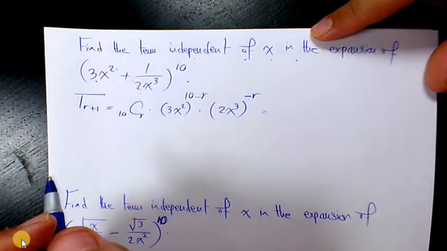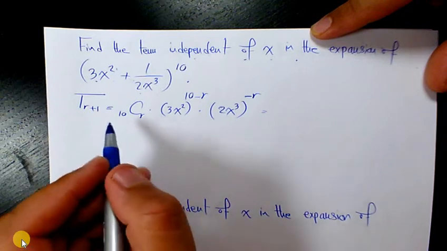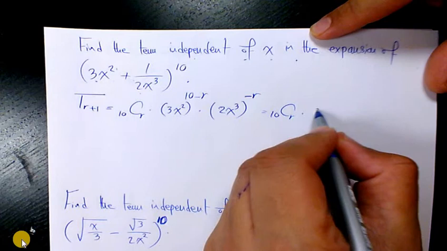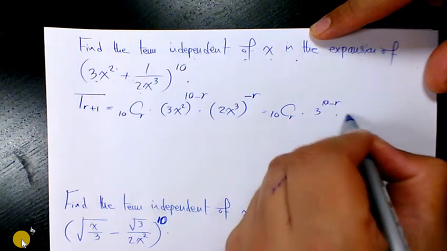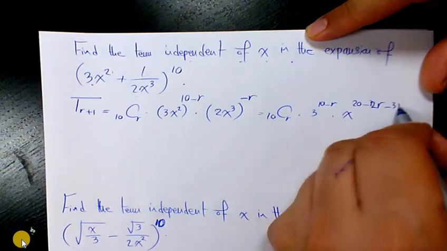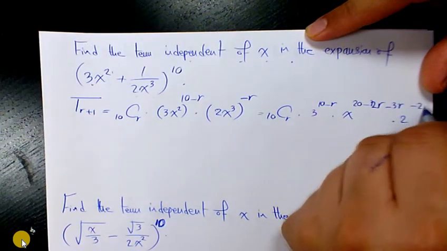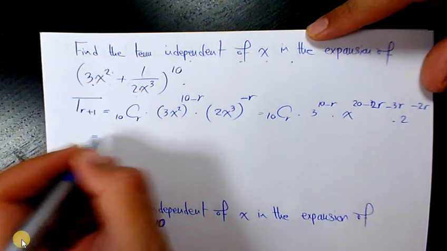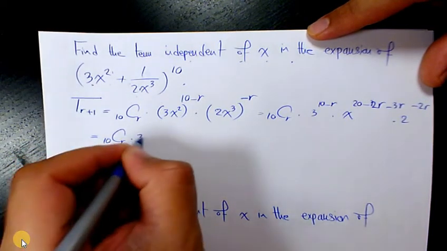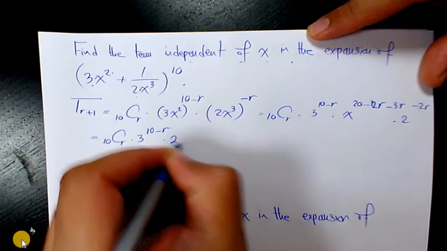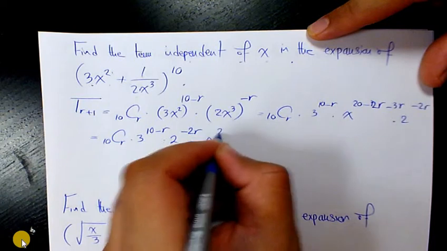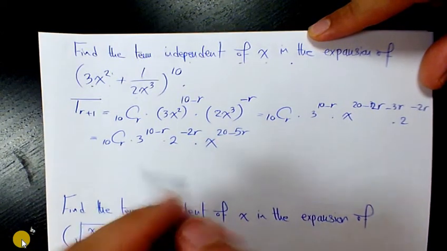So that's going to be 10Cr 3 to the power of 10 minus r, x to the power of 20 minus 2r minus 3r, 2 to the power of negative r. So that's going to be 10Cr 3 to the power of 10 minus r times 2 to the power of negative r, x to the power of 20 minus 5r.